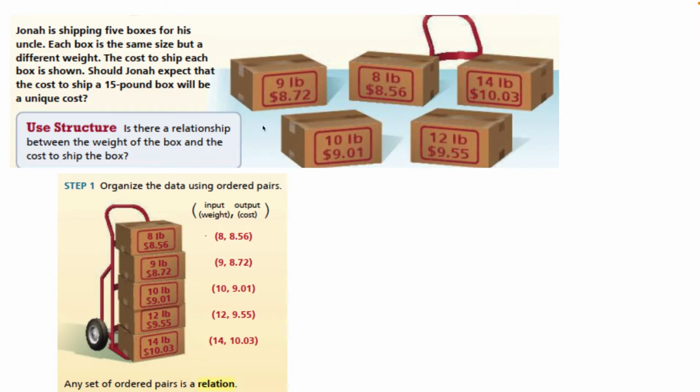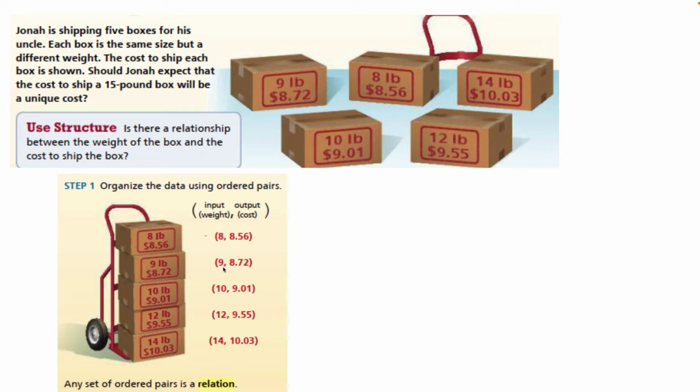So if I use the pounds, the weight, as input, because the cost will depend on how much the parcel weighs, right? So the weight will be the independent variable, and the cost will be the dependent variable because the cost depends on the weight.